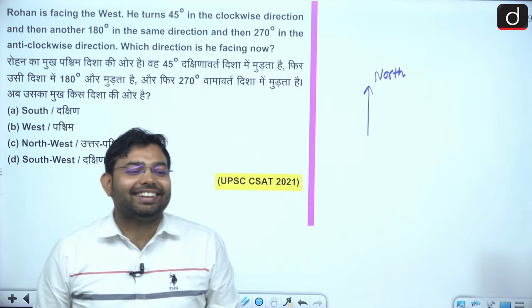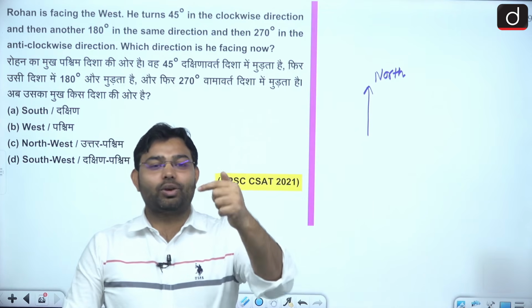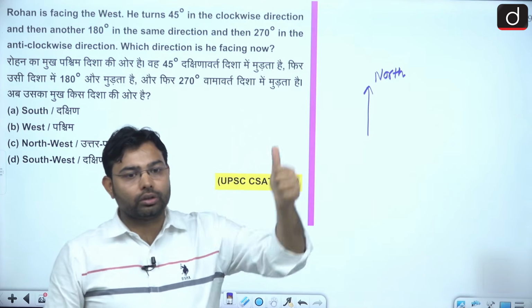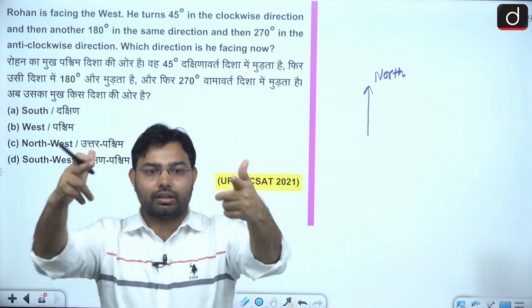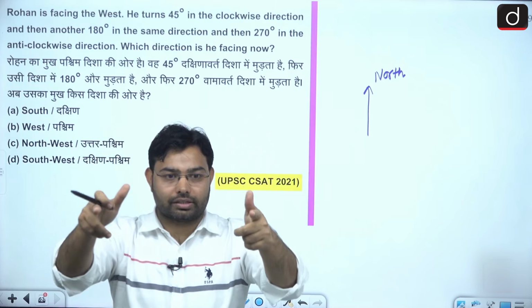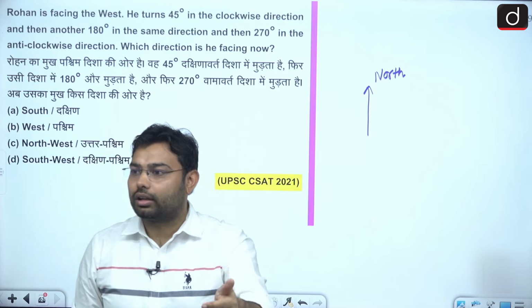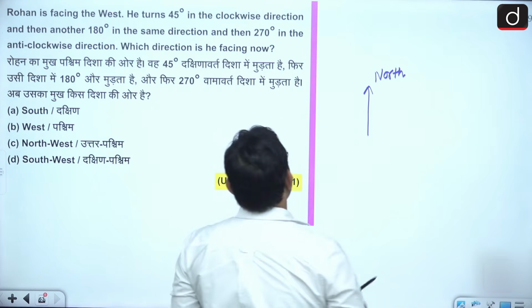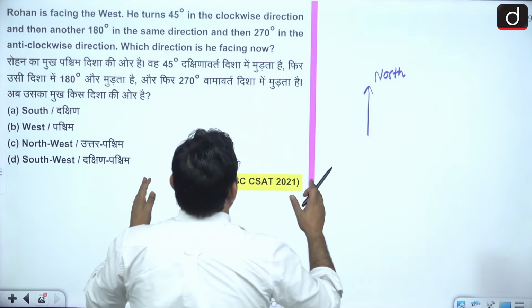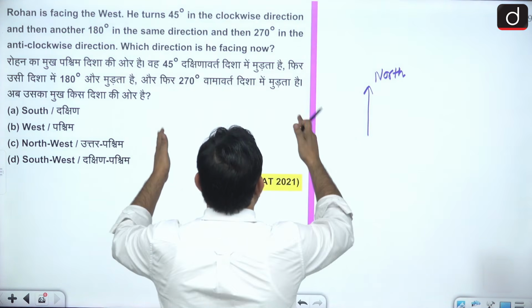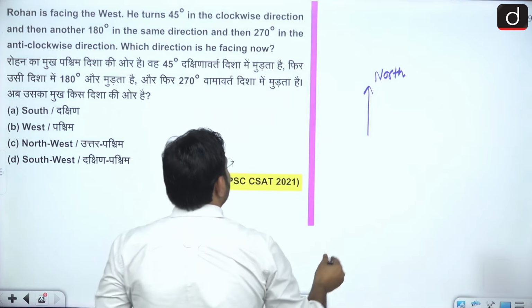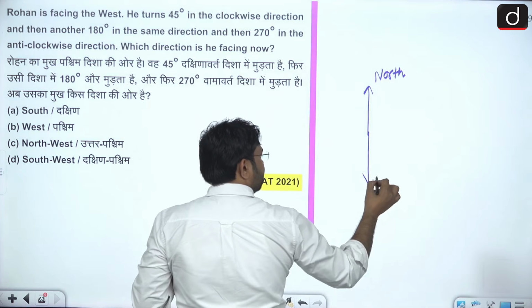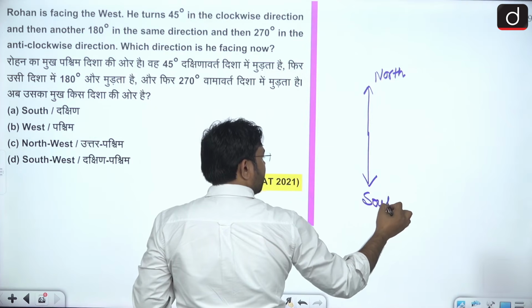Remember that part? Done. So, if you are facing this, then according to you, north is this. I am facing, according to me, north is this. But now I am facing the screen, you are also facing the screen. So we can say we are facing north, and this is south.